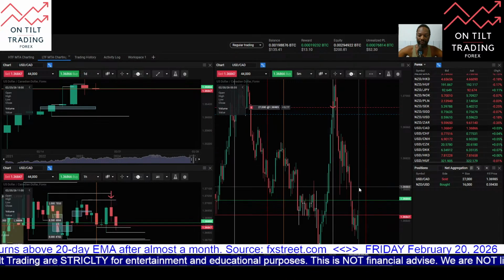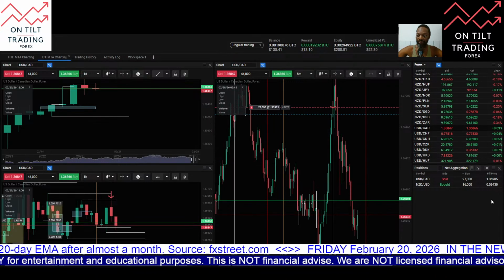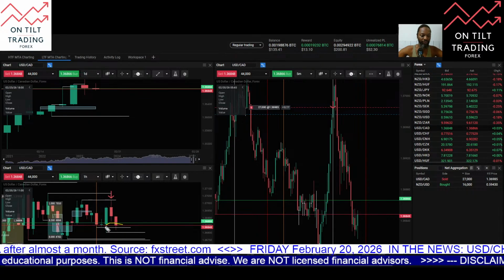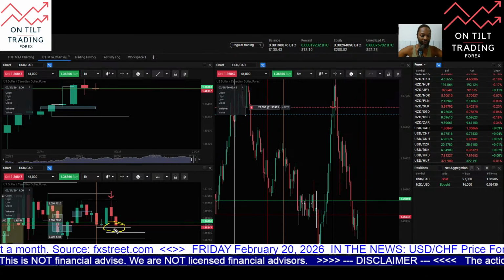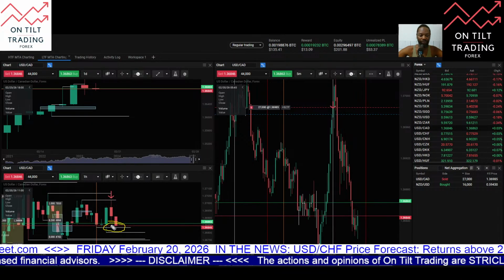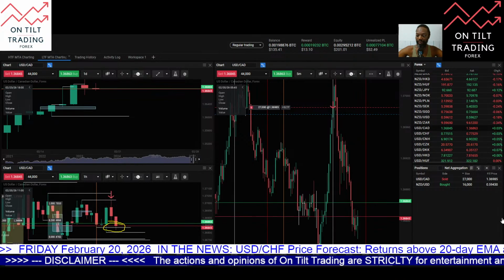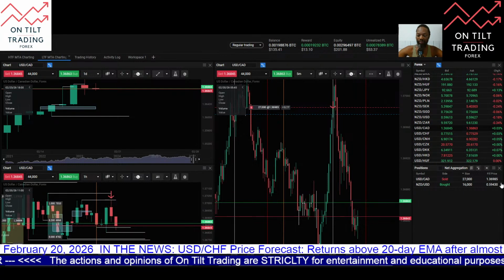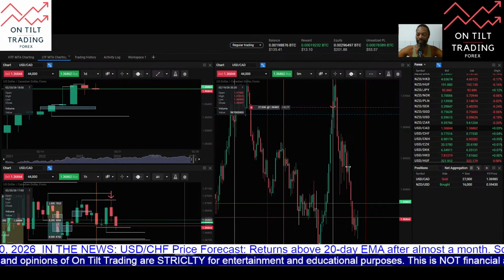You can see price consolidating down here after trading into this area where liquidity has already been swept out previously. So I would anticipate a higher probability for price to continue to the sell side here.